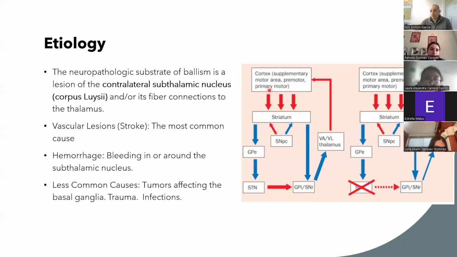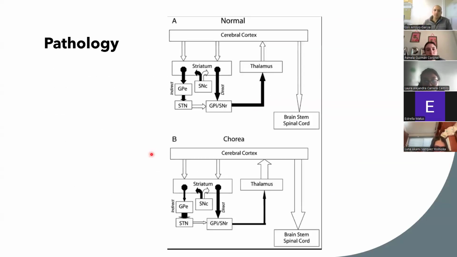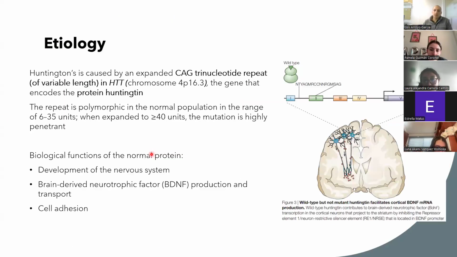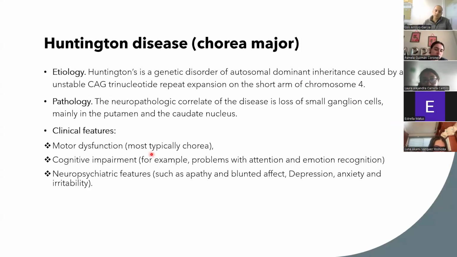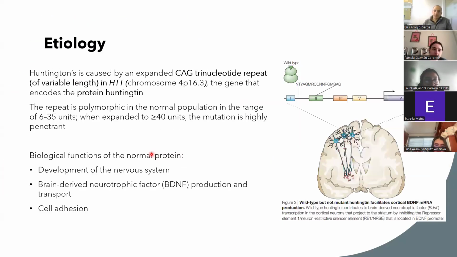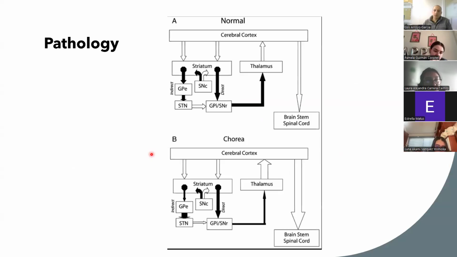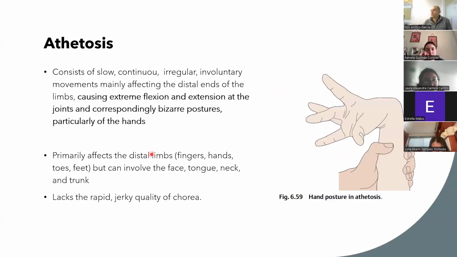Okay, and this is actually what happens also in Parkinson's disease. It's just a different mechanism. So if we make a diagram of all of this, we have to put that, for example, if we are talking about Huntington or the chorea, we have the loss of cells in the striatum.